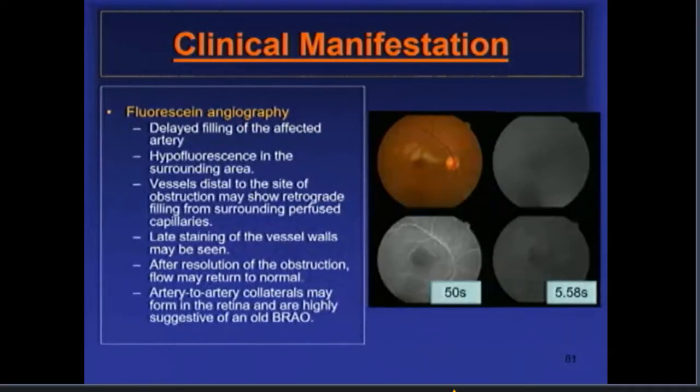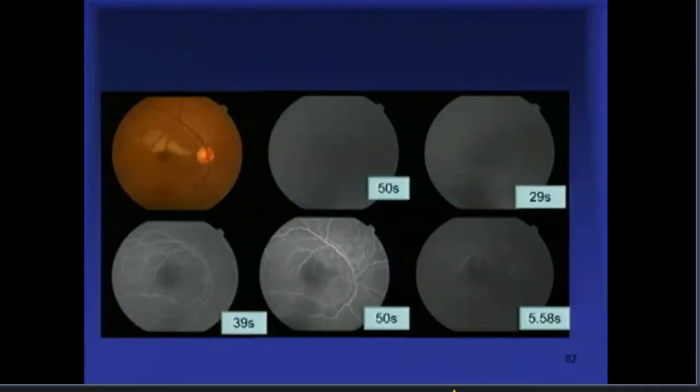In fluorescein angiography, usually we have an area of hypofluorescence corresponding to the obstruction itself, and with time might have some hyperfluorescence at the edge of the obstruction.